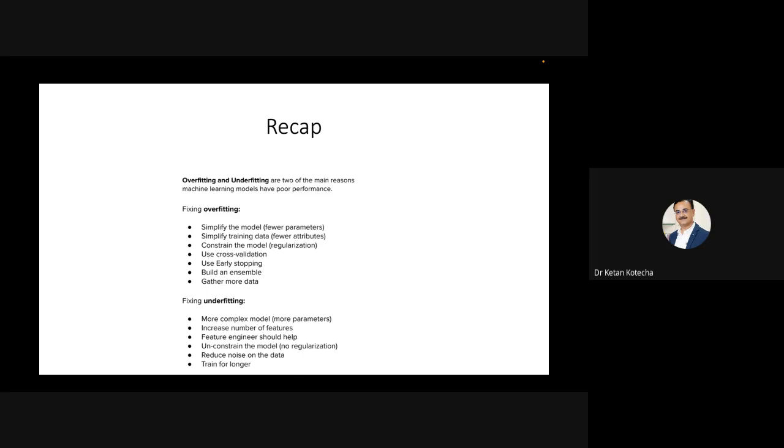Collecting more data is a nightmare at times. If it is a medical application, it takes years and years of time, and sometimes it's impossible even to label the data.